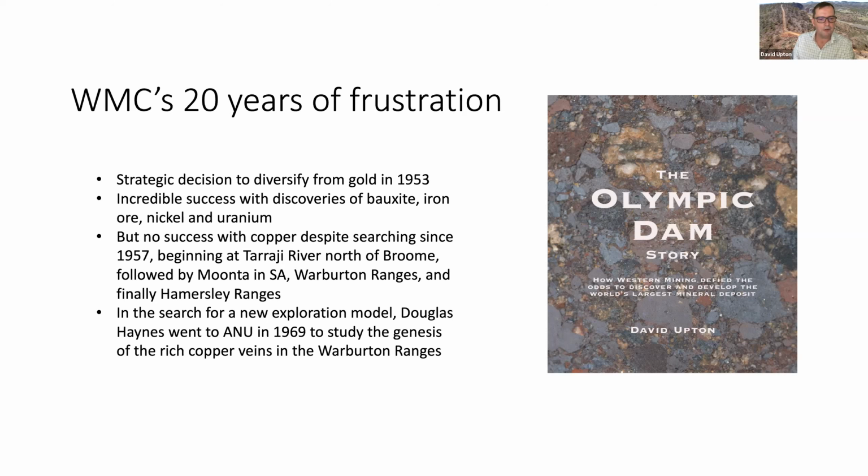We need to find other things, and they had incredible success. They seemed to be able to find ore bodies at will. They found bauxite, iron ore, nickel, of course, famously, and also uranium at Yeelirrie. But despite wanting to find copper since '57, they had no luck whatsoever until Olympic Dam almost 20 years later.